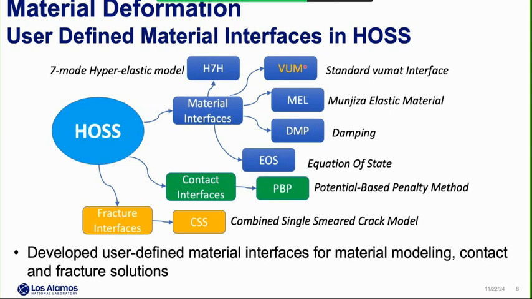If you have any material models that were originally developed in the Abaqus VUMAT format, you can directly use them in HOSS. We provided those user-defined material interfaces to improve the user-friendliness of HOSS.